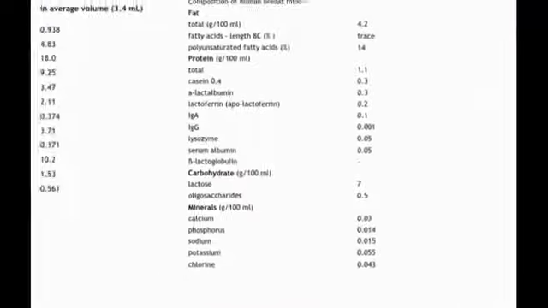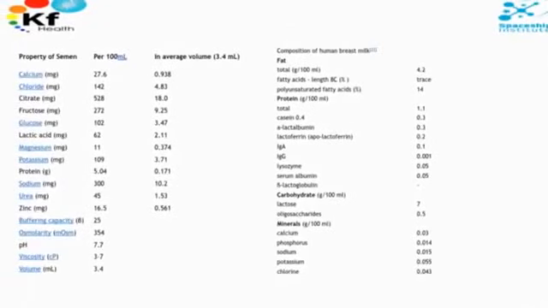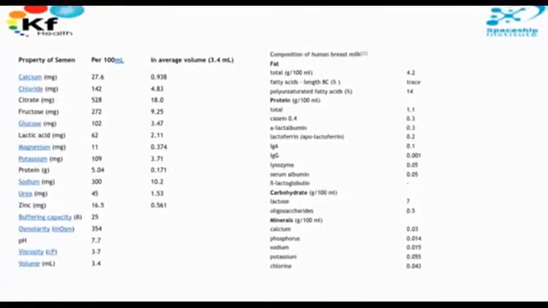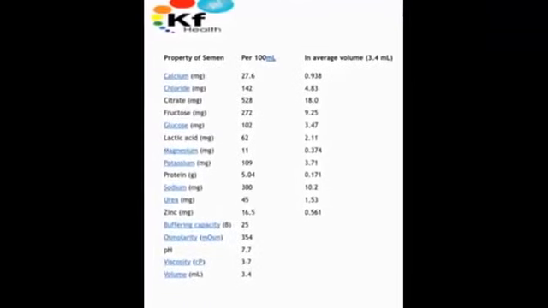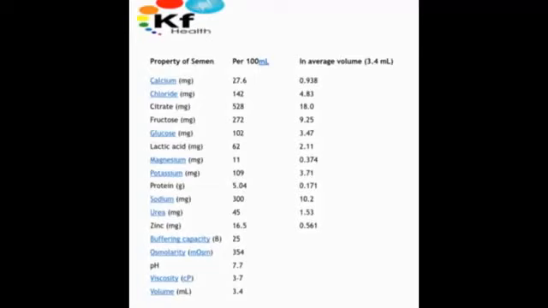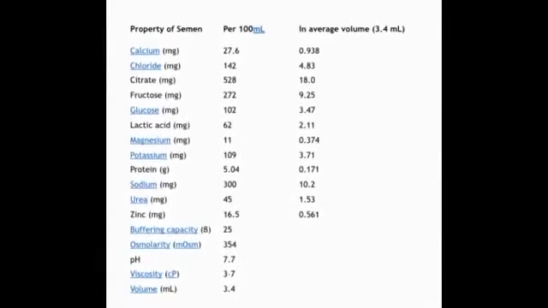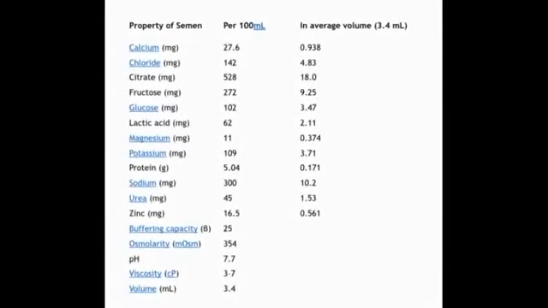The next slide is a representation for you to more easily understand the composition of the semen and of the milk. As you see, the composition of the semen is rich in amino acid.